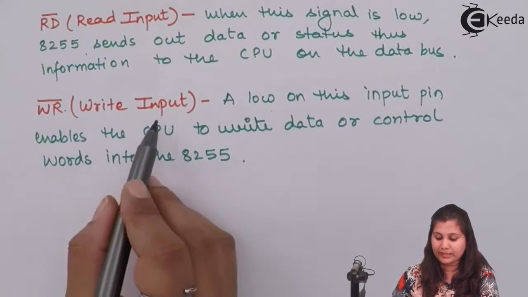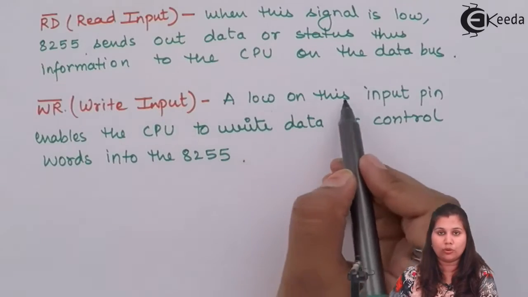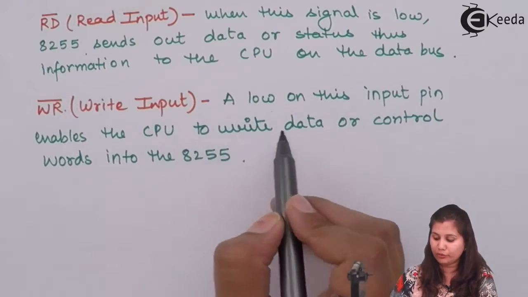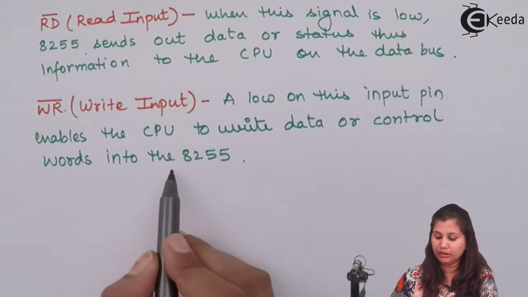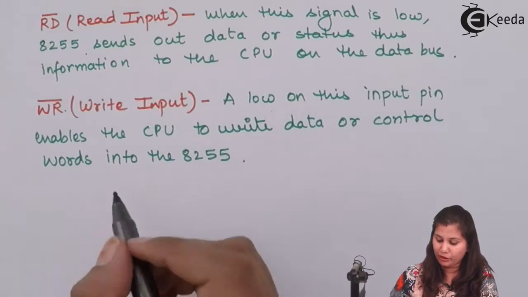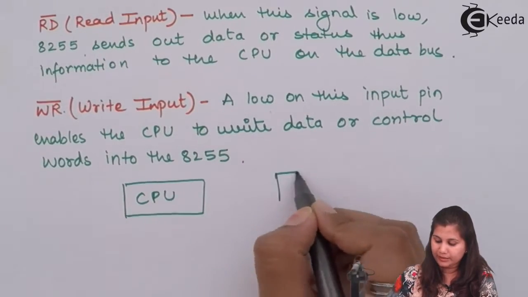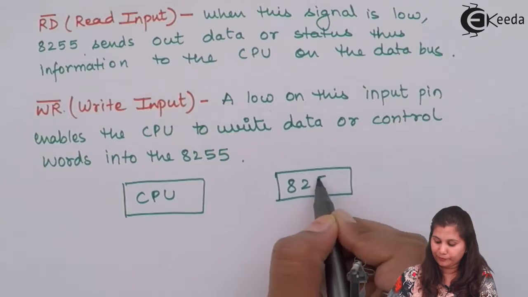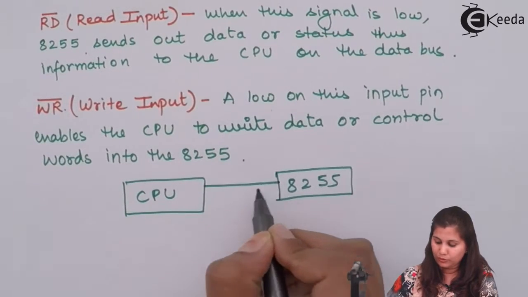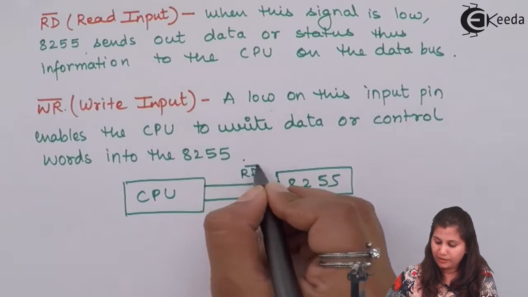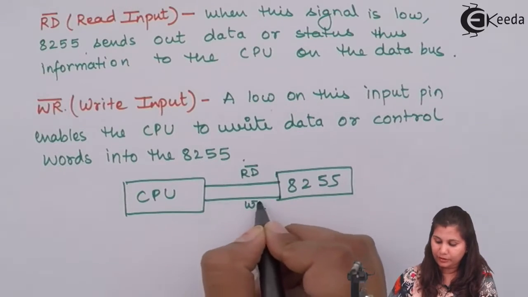So when this write input has a low on this input pin, then it will enable the central processing unit to write the data or control word into the 8255. So if we have here the CPU and the 8255, and we have the two signals, RD bar and WR bar.